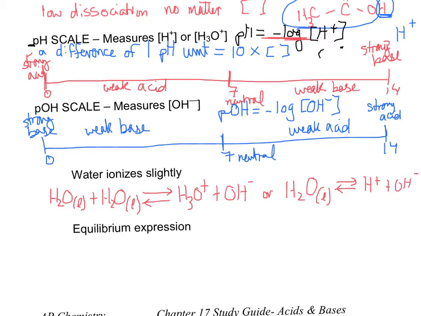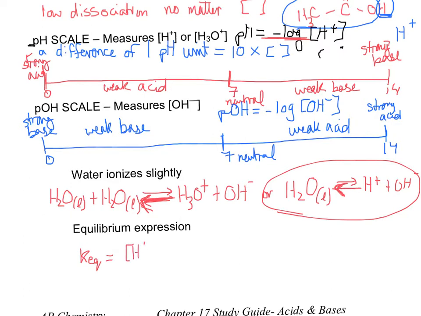Again, this is a very, very low dissociation, and so your backward arrow is much bigger. Most of the water stays as covalent molecules. Very little of it will dissociate. And so if I wanted to write the K expression for the dissociation of water, I would write K is equal to the concentration of H plus times the concentration of OH minus.